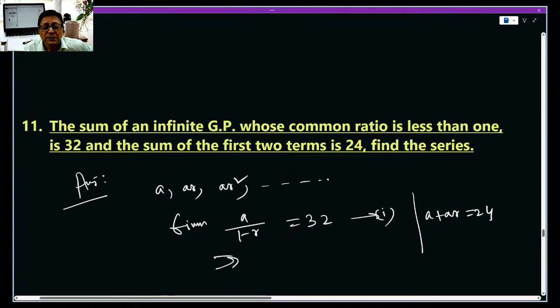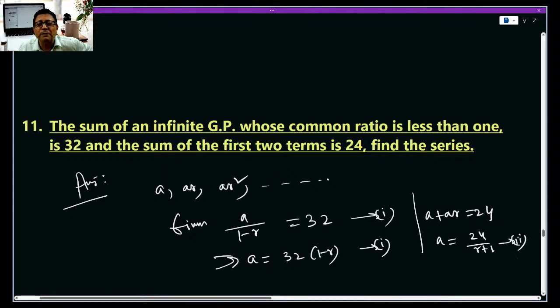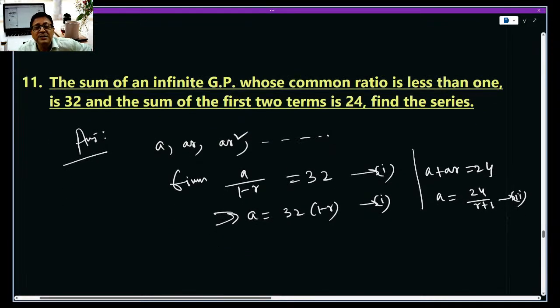So this implies a equal to 32(1 minus r), and here a equal to 24 by (r plus 1). Isn't it? They ask you to find the series.